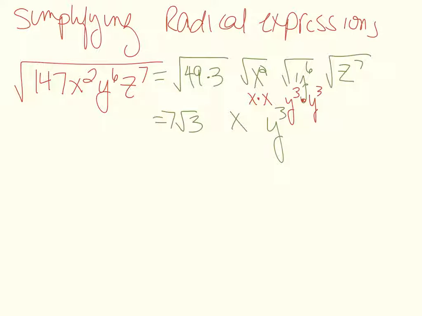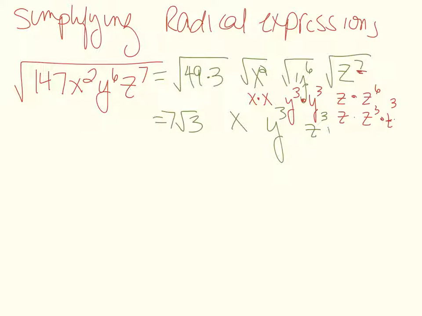Now this one, I have an odd value up there. So I'm going to take one away, and I now have z times z to the 6th. Well, that gives me z times z to the 3rd times z to the 3rd. See how that works? I didn't add power, so I took one z away, and I got an even power, which gave me my answer.